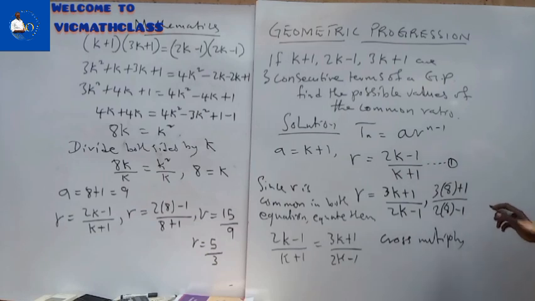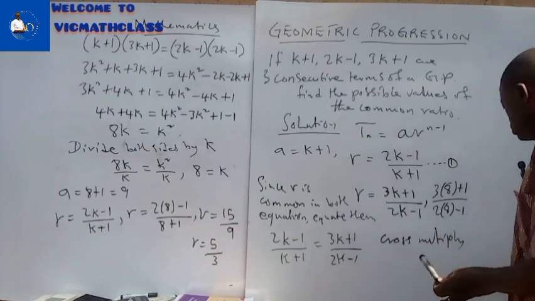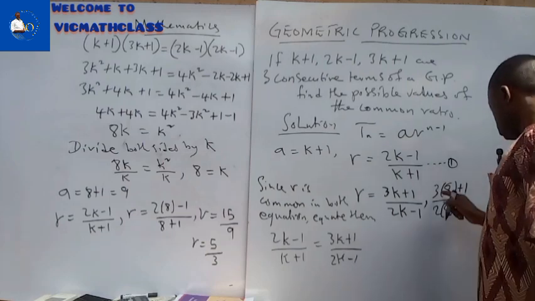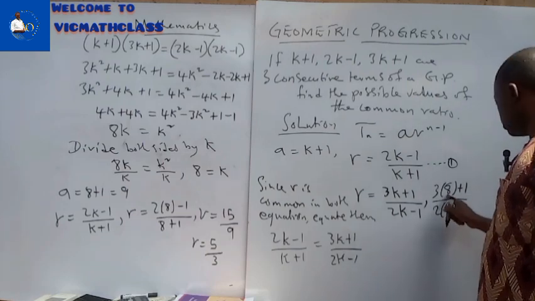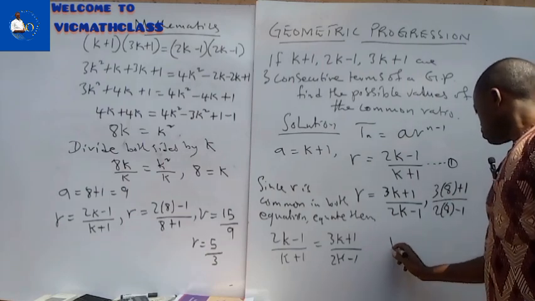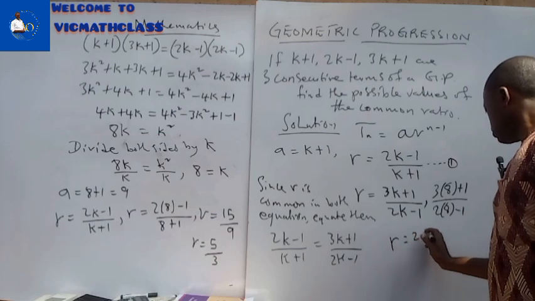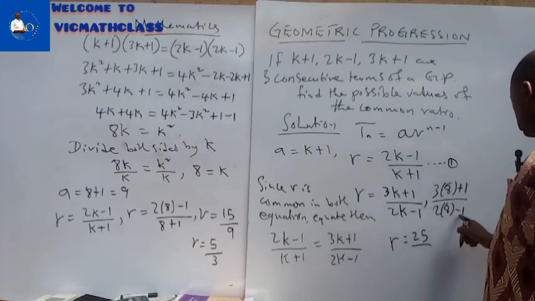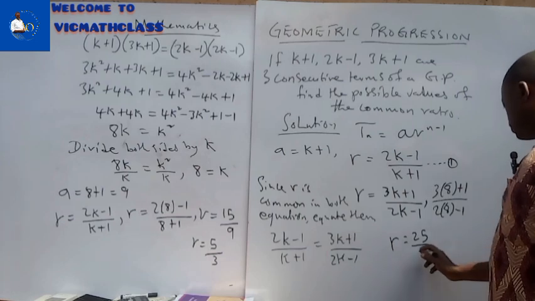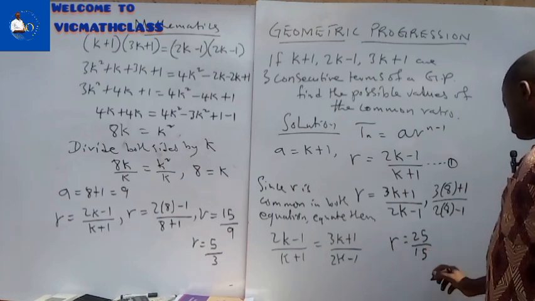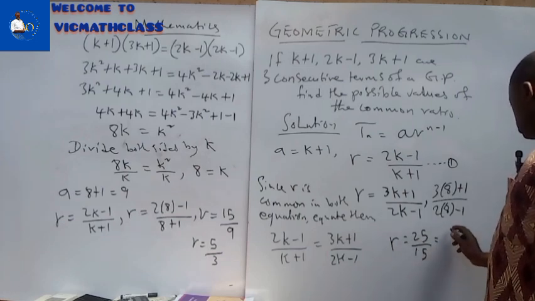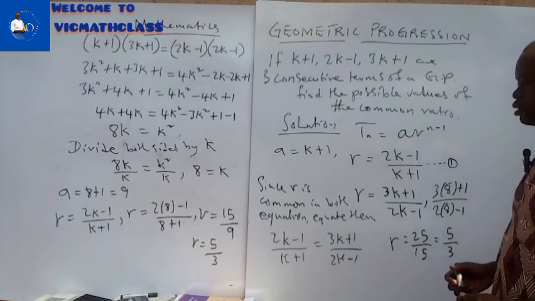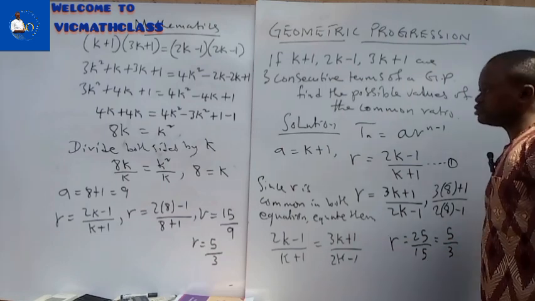This one will be 3 times 8 is 24 plus 1, 25. So R is 25 over 2 times 8 is 16 minus 1. That's 15. 5 into here is 5, 5 into here is 3. Oh, that's good. It gave us the same value.